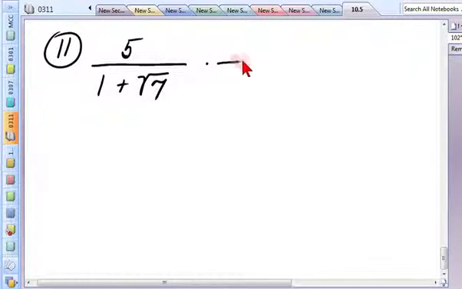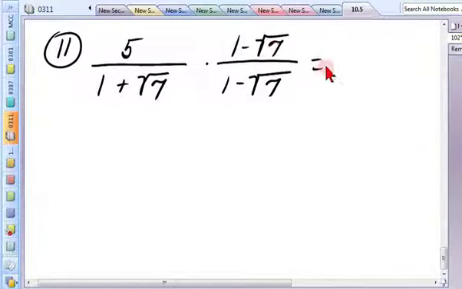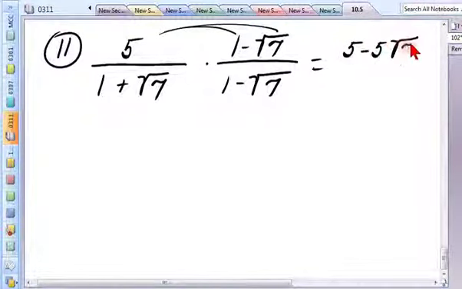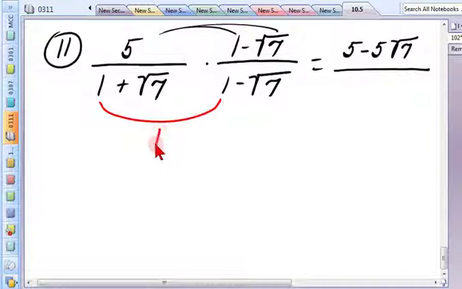All right, what did y'all multiply by? 1 minus the square root of 7, 1 minus the square root of 7. All right, on the numerator, distributive properties, so much easier. That gives me 5 minus 5 times the square root of 7. The denominator has got conjugates. The product of the first is 1. The product of the last is negative 7.